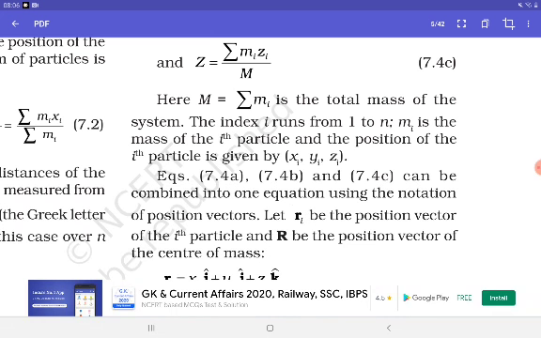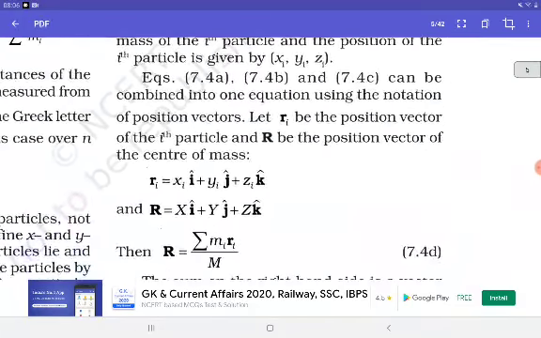mi is the mass of the ith particle, and the position of the ith particle is given by xi, yi, zi. Equations 7.4a, 7.4b and 7.4c can be combined into one equation using the notation of position vectors. Let Ri be the position vector of the ith particle and R be the position vector of the center of mass.